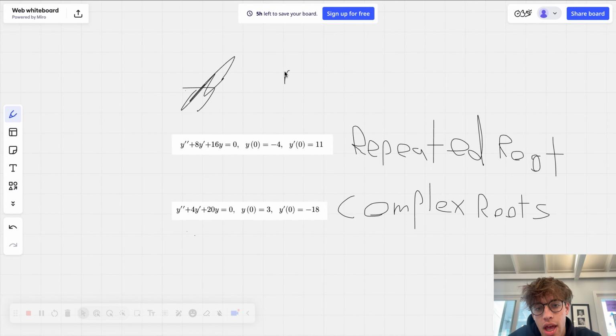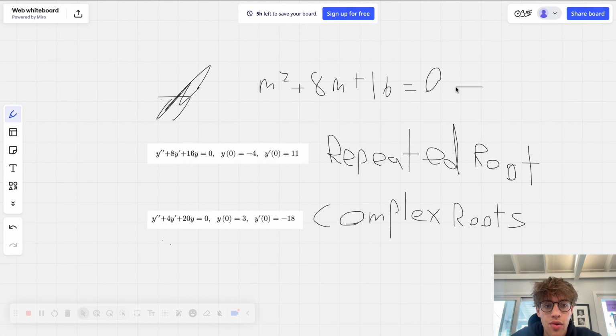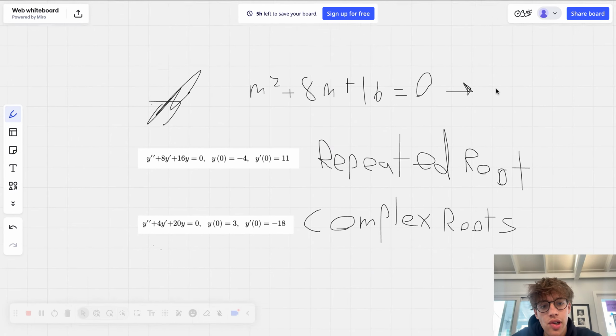We get m squared plus 8m plus 16 equals 0. And then factoring this, we get a repeated root.